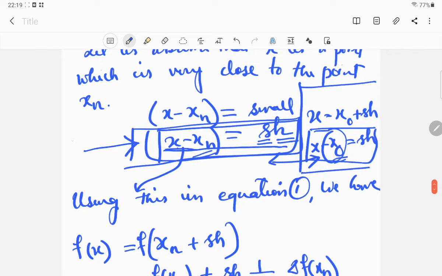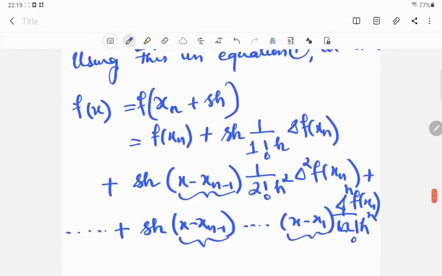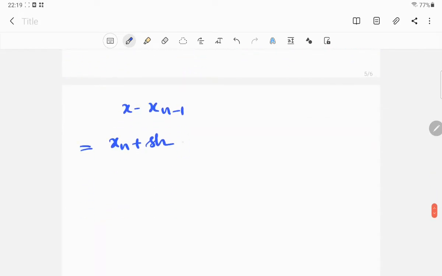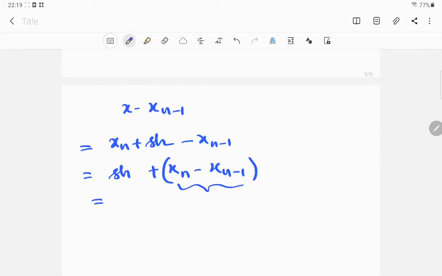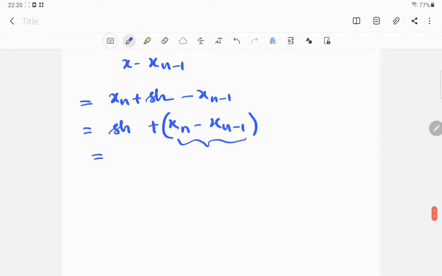From here x is equal to xn plus sh minus xn minus 1, sh I am writing. Now these two terms are consecutive terms, so the difference between them is nothing but the step length, so it is equal to h.